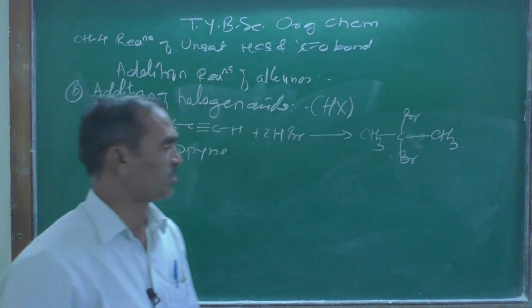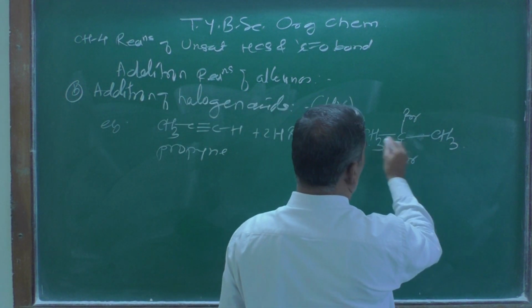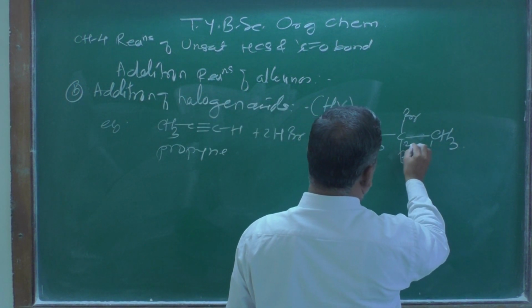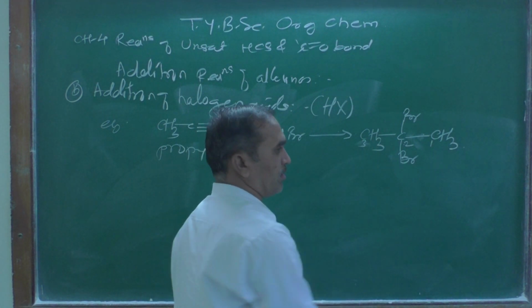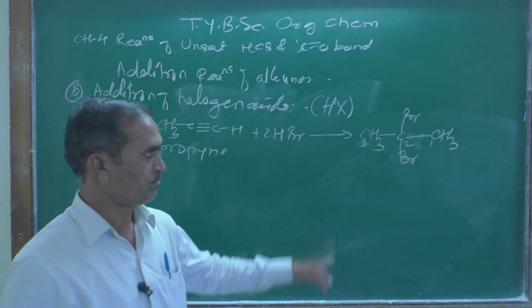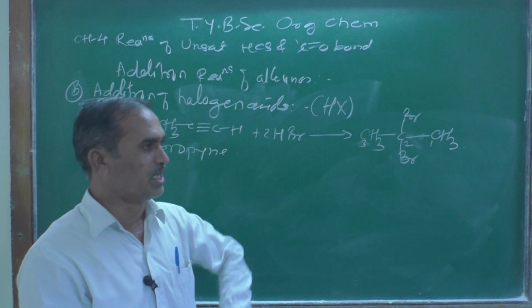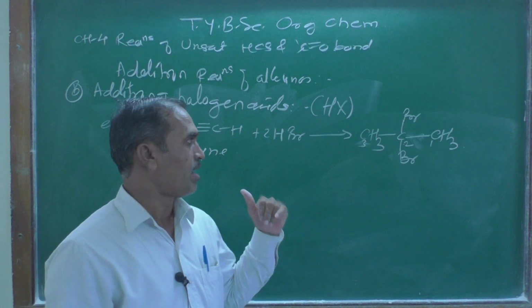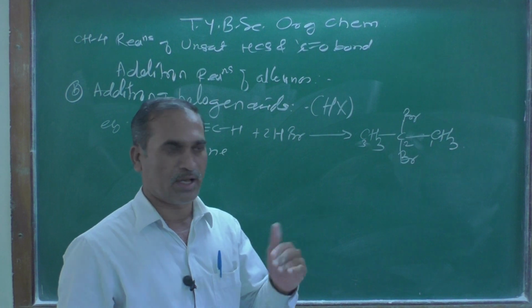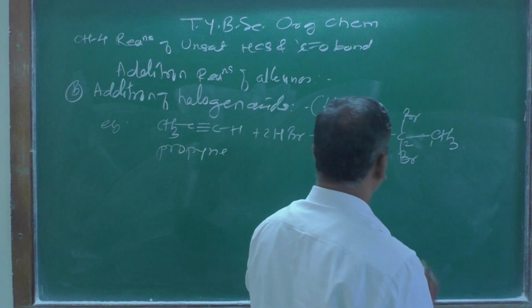Look at CH3, right? Now the name of this compound, numbering 1, 2, 3. You can give numbering from the right hand side or left hand side. It never changes the position, because the bromine atoms are on the middle carbon. It doesn't matter.